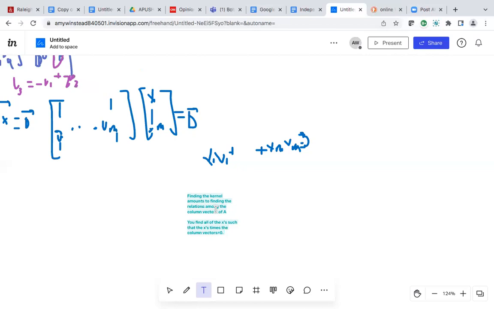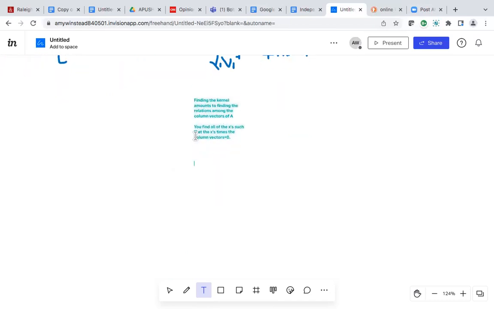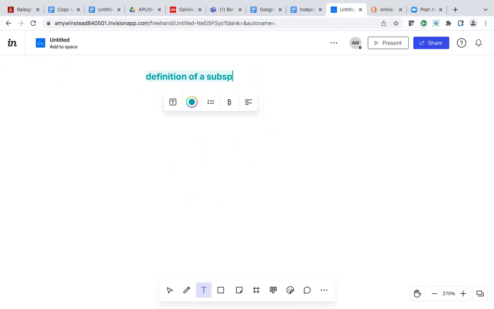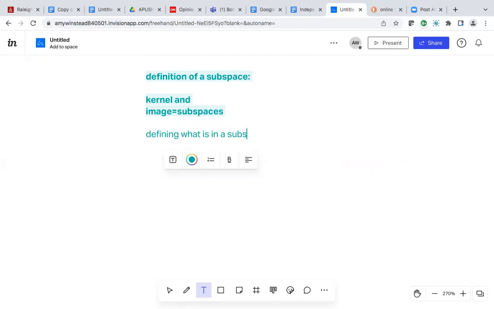But to do a really quick recap of what we did today, we went over the definition, and in fact, I'll write this out. We went over the definition of a subspace. We figured out that kernel and image equal subspaces. Right. Then we looked at defining what is in a subspace based on the number of dimensions.